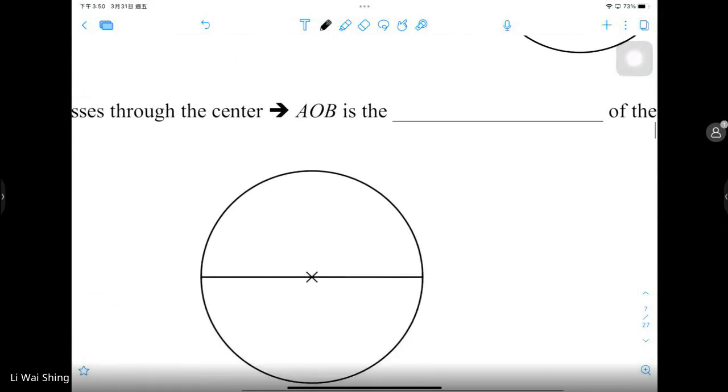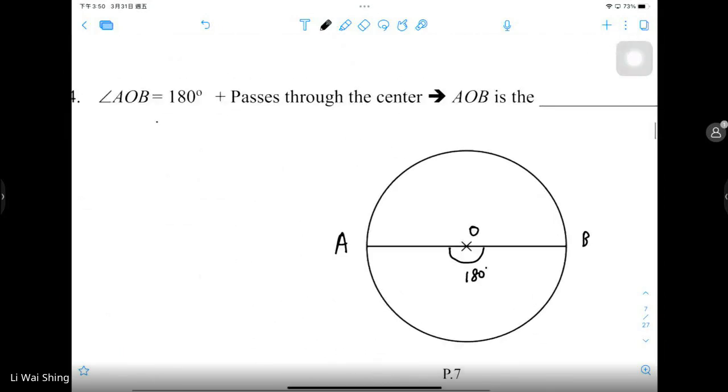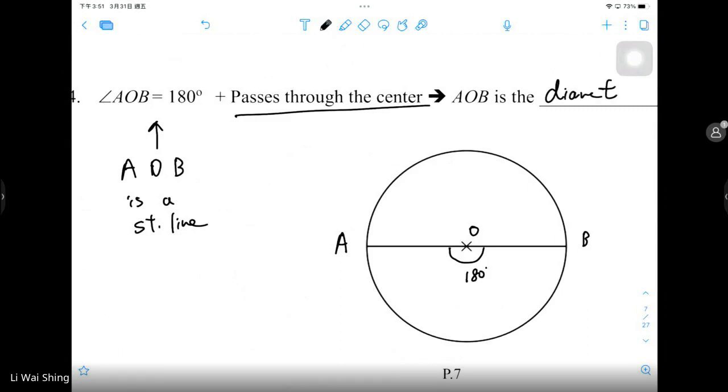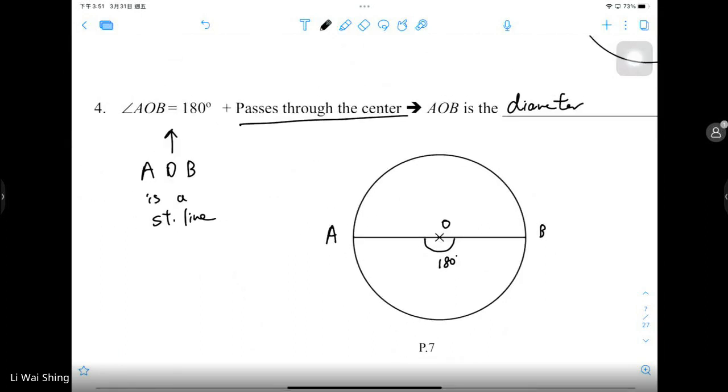Keep in mind, if it is 180 degree in the middle, what does it mean? It's a straight line, and it passes through the center. That means AOB is the diameter.